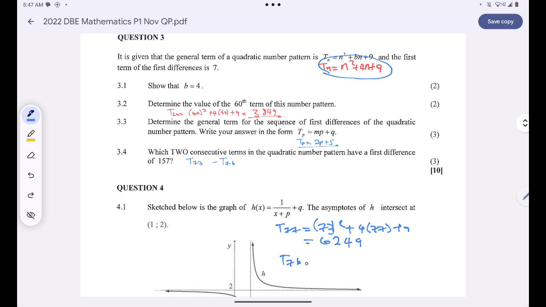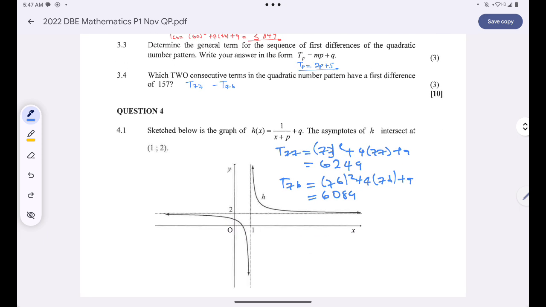Then you go and find T76. This would give us 6089. If you subtract the two terms, they must give you 157. So I'll simply say 6249 minus 6089. They will give me 157.